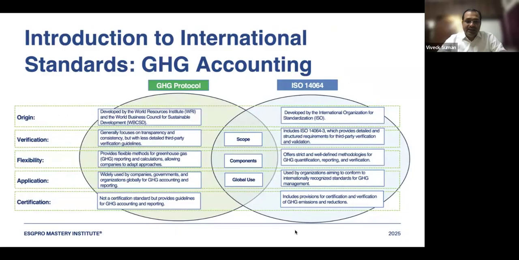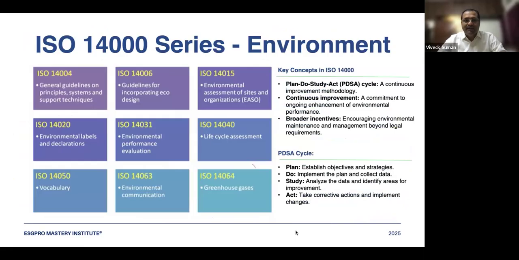We also compared the GHG Protocol with ISO. The commonality we understood was scope, component, and global use. And the differentiation matrix was origin, verification, flexibility, application, and certification. So these were the 5 areas which we covered. Then we looked into the ISO 14000 series on environment.